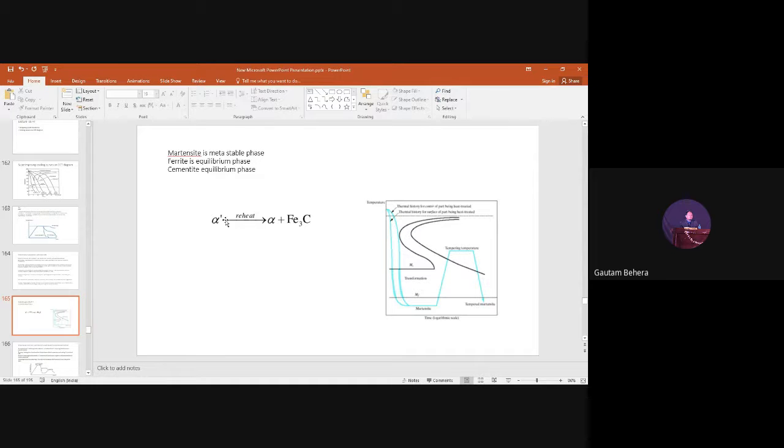What is this? Obviously, this is a Greek alphabet, but which Greek alphabet is this? Semi-coherent? Are we discussing any kind of precipitation here? What is this actually? Greek alphabet, alpha.